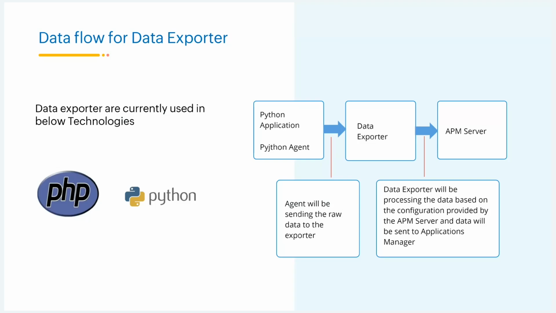Once the data is processed, the data exporter will establish communication with the Applications Manager server. It will send the aggregated and formatted data to the server for further analysis and storage. The Applications Manager server will receive the transmitted data from the data exporter.